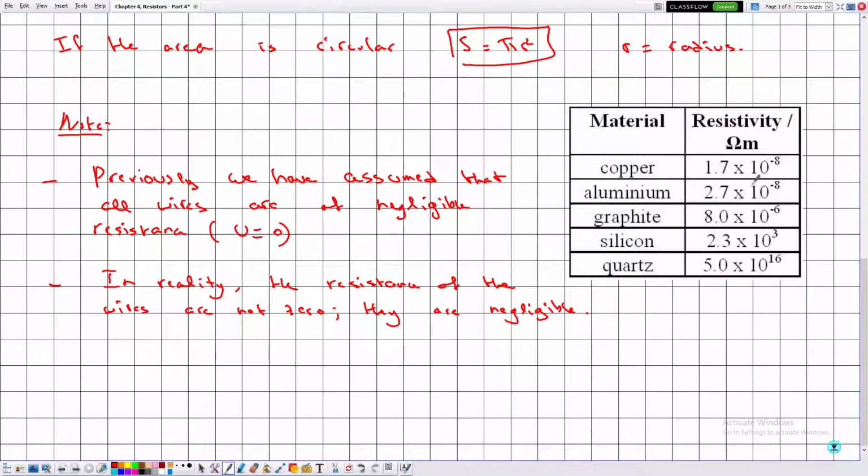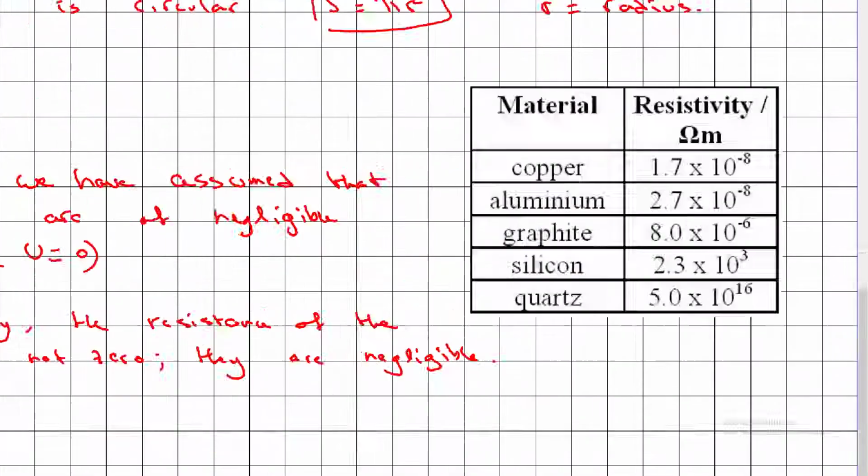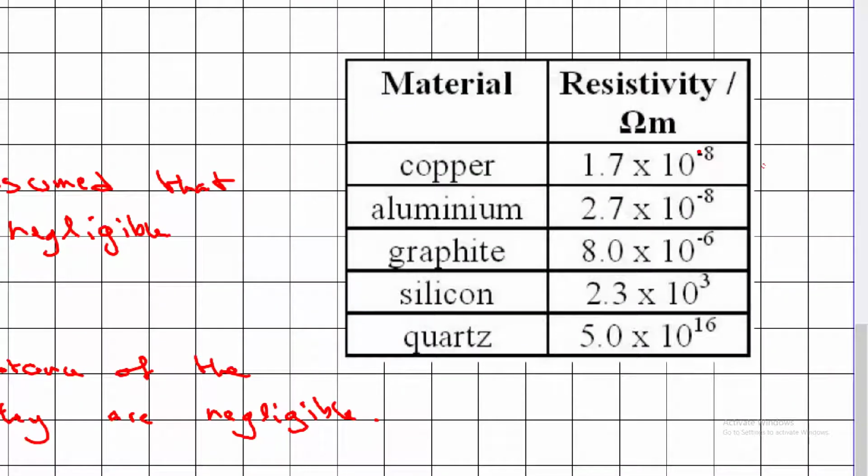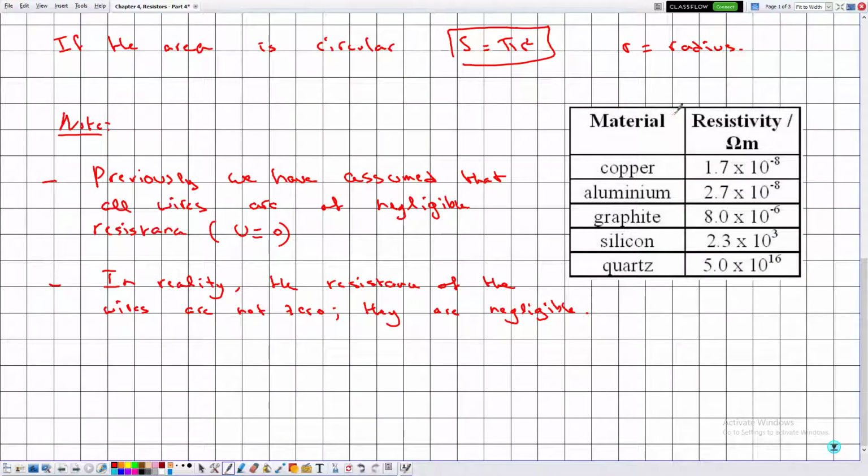And as you can notice here, we have the value of the resistivity of several materials. Notice that they are multiplied by 10 to the power minus 8. So they are of the order of magnitude 0.7 zeros multiplied by 1. So this is the resistivity rho. So when we calculate R using rho, the value of R will be very small.